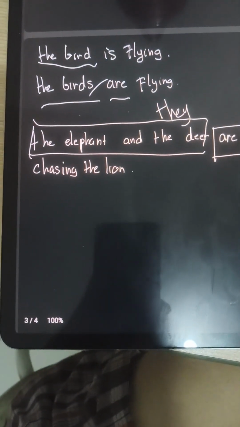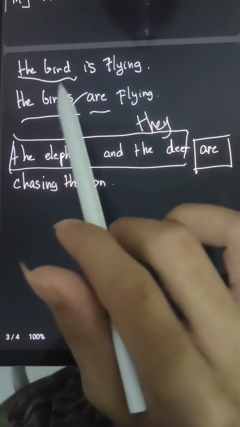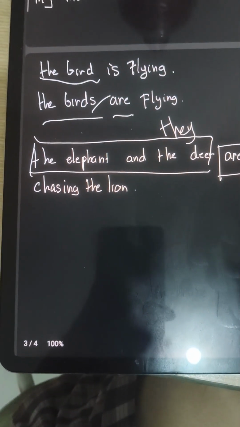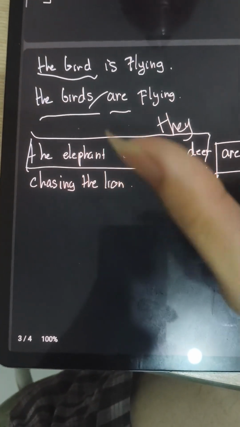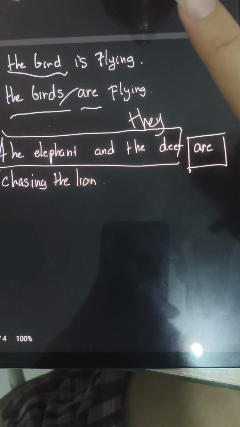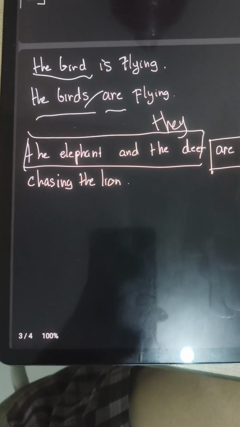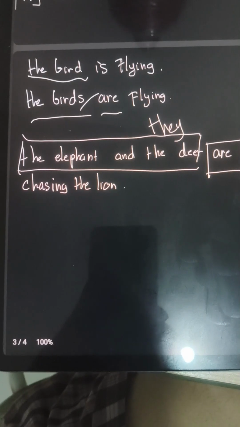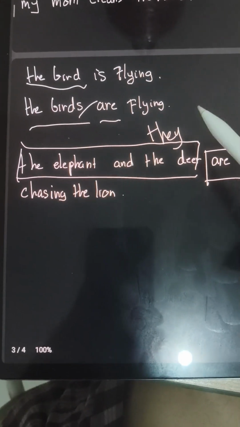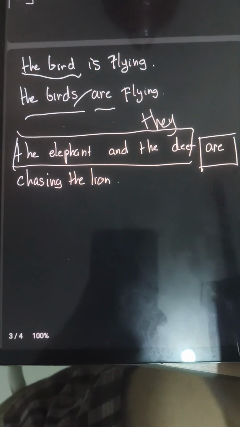A bunch of birds. The birds are flying. So this here is not it anymore. Even though this is not human, if you have more than one bird, immediately throw it to they. We throw they because you're not included here, like I said previously. The birds are flying. I hope that clears it up.